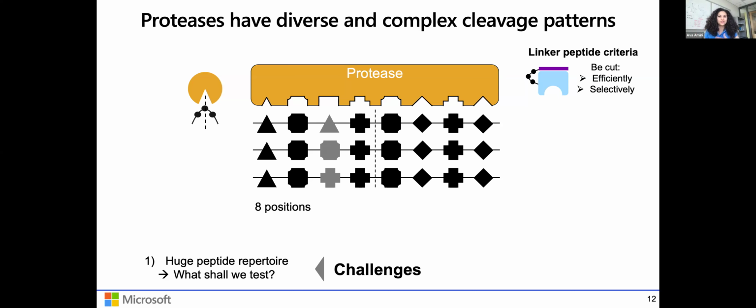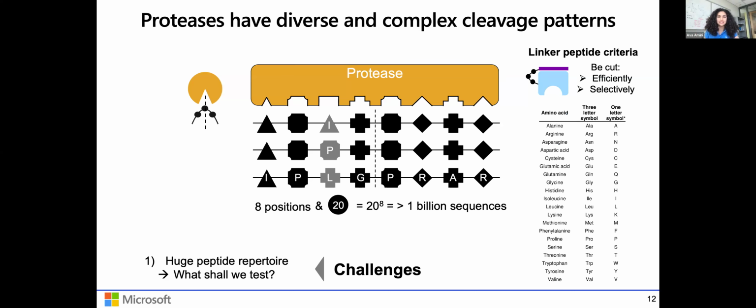Because if we consider our 20 natural amino acid building blocks, we can quickly reach over billions of unique sequences that could be possibilities for just a short 8-mer peptide. And so from an engineering standpoint, there's this first question of how can we actually screen and design, narrow down this search space of possible peptides to design these cleavable linkers.